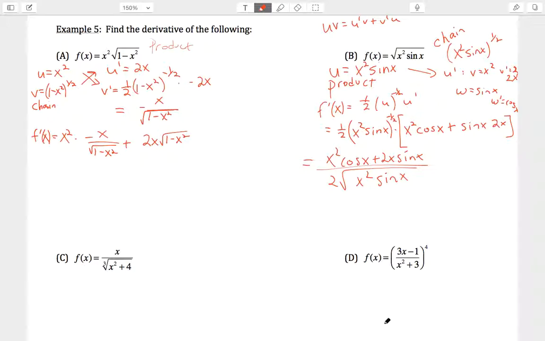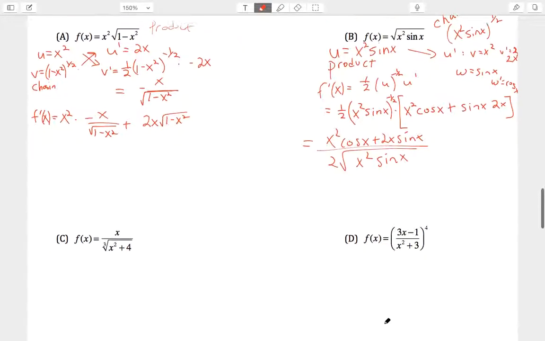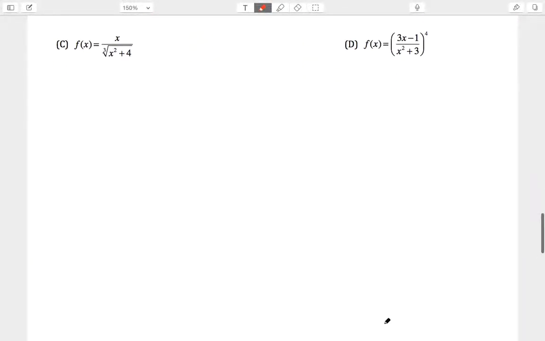Can you change that though? You could write it as 2 times x squared sine x to the 1/2 power, or have it in parentheses to the 1/2 power. I didn't follow where you got the square root. 1/2, 1/2.